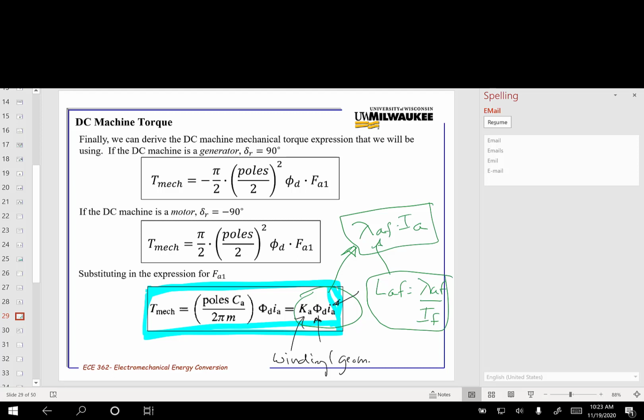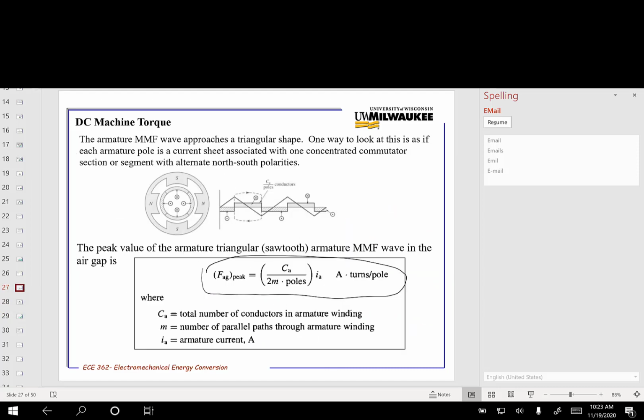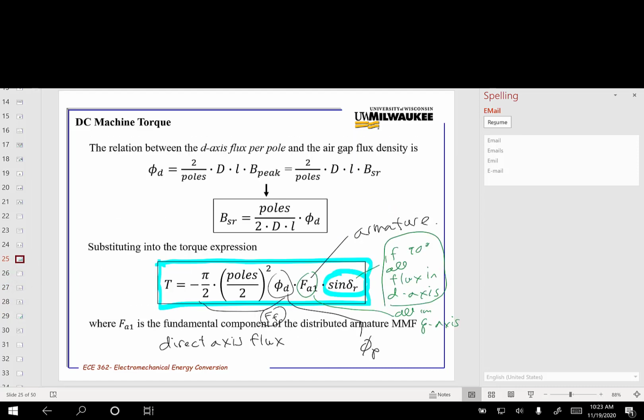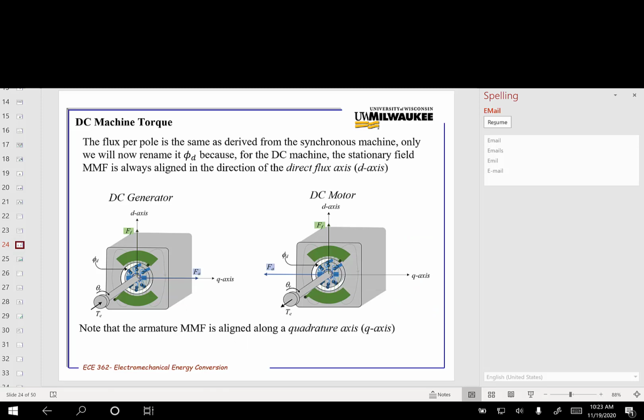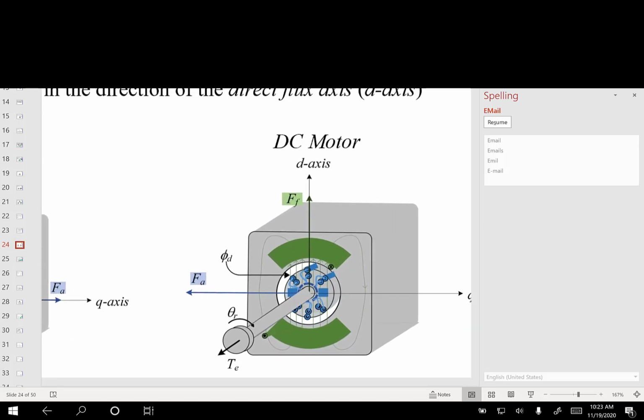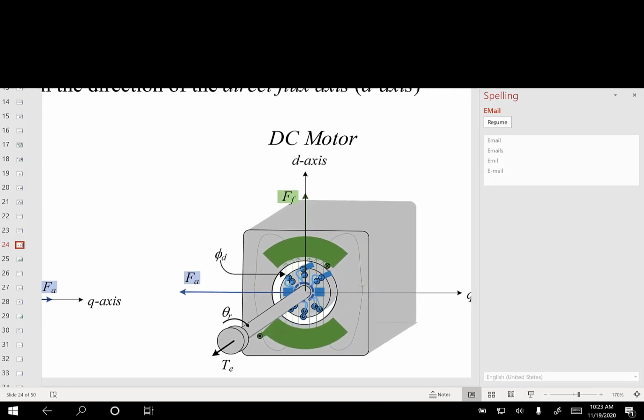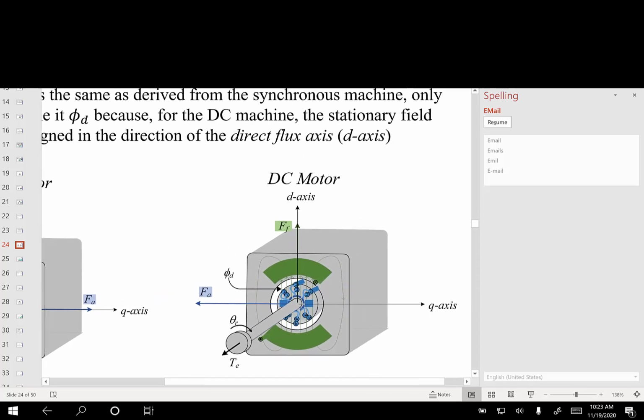Okay, so what's happening is a little bit more complex with the DC machine. It's changing because of the movement of the rotor. What's changing is the MMF of the rotor.